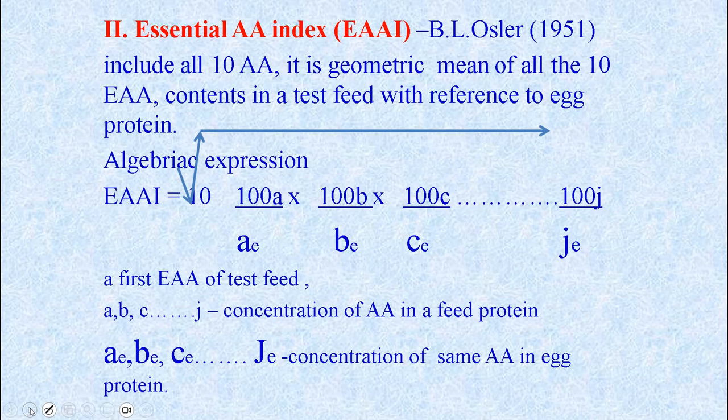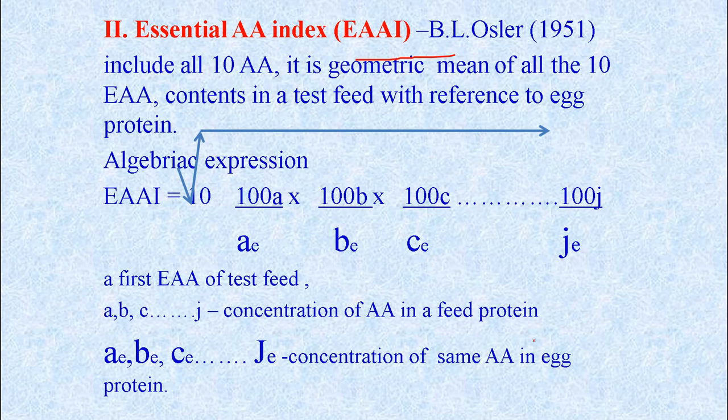Then the essential amino acid index is also noted as EAAI. This was found by Oser in 1951. It includes all the 10 essential amino acids. It is the geometric mean of all the 10 essential amino acids contained in a test feed with reference to egg as the standard, considering egg protein as 100%, a standard protein.